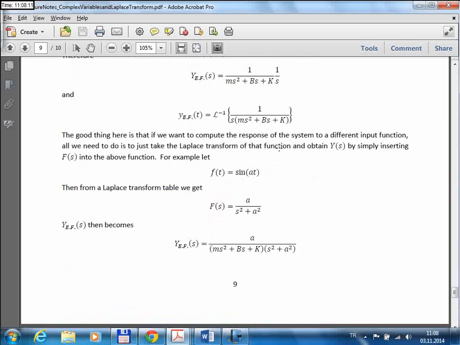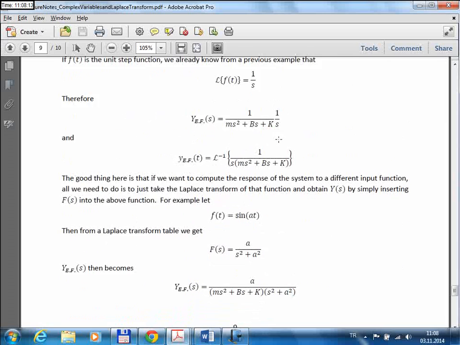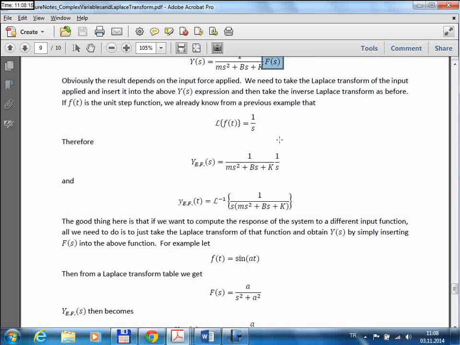So the benefit of this Laplace transformation is that whatever input you have, you take the transform of just the input signal and then multiply it with this constant part. The reason I say constant is this doesn't change with the input.